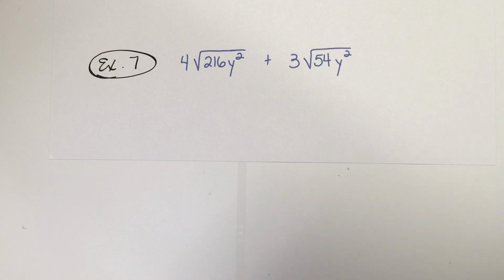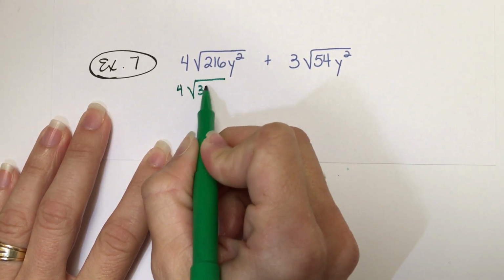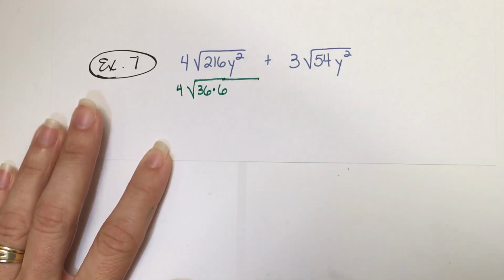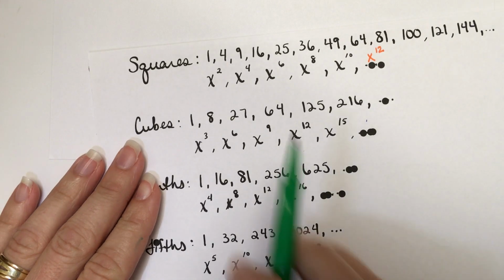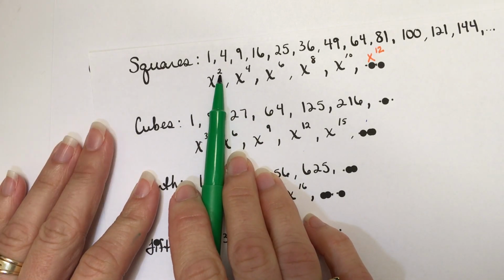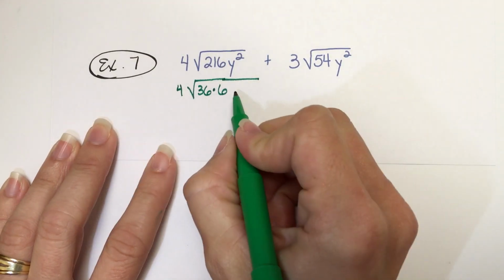Yes, 36 goes 6 times. Now, your y squared. Look at your list and see a square is already a perfect square. So you're not going to do, you just leave it like it is. There's no need to break it apart.